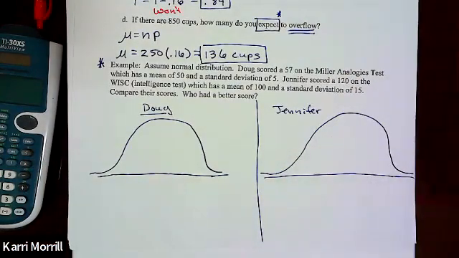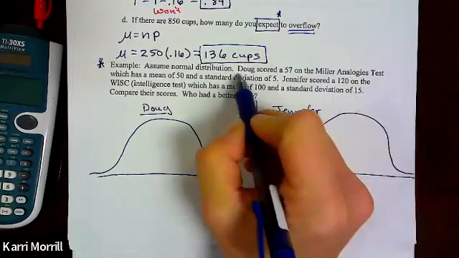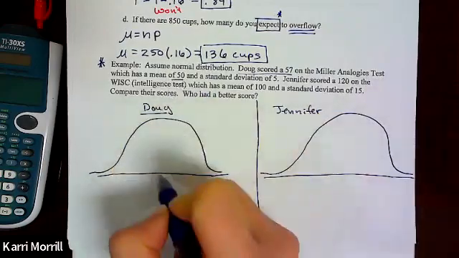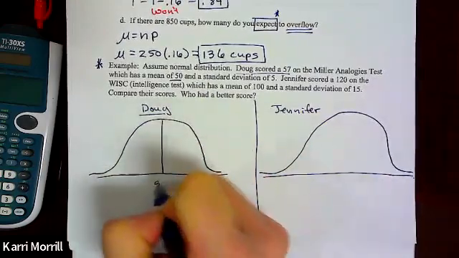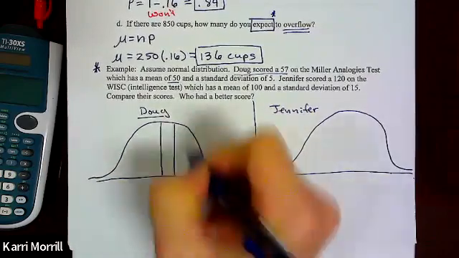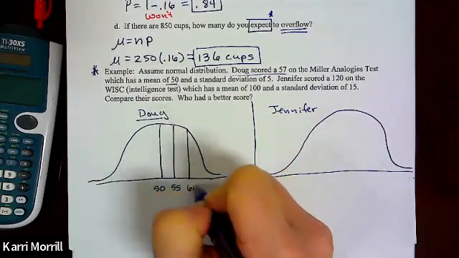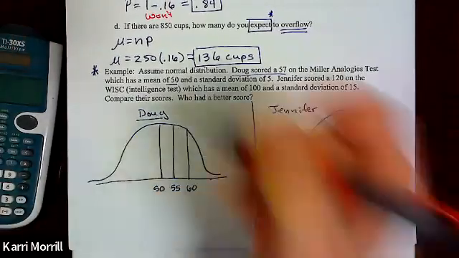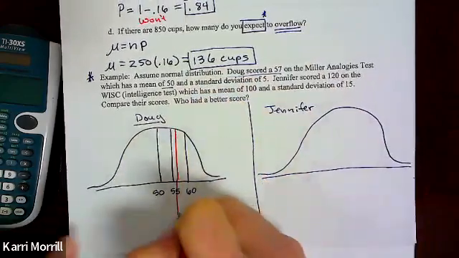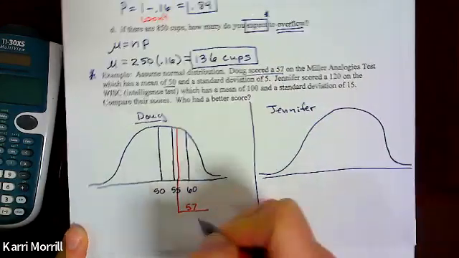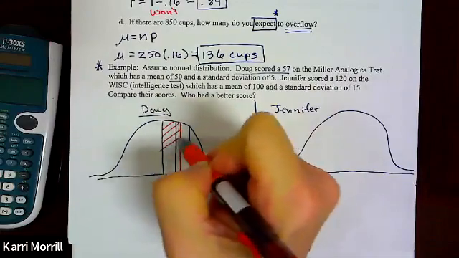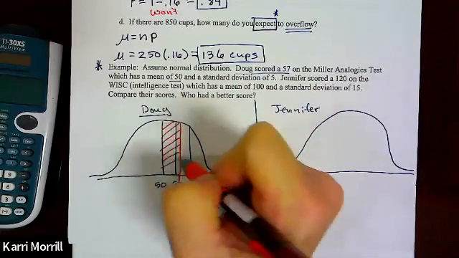So it said Doug scored a 57 on the Miller's analogy test, which had a mean of 50. So right here, we're going to do our 50. And a standard deviation of 5. So this would be 1 standard deviation, 2 standard deviations. So that's going to be somewhere past 55. So we're not going to have an exact number until we learn something from the next unit to help us understand how to compare Doug and Jennifer.